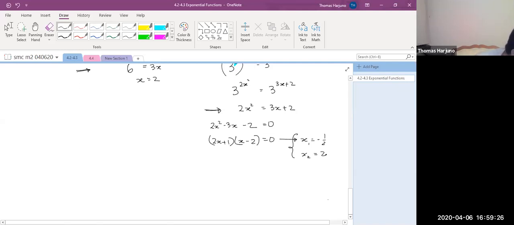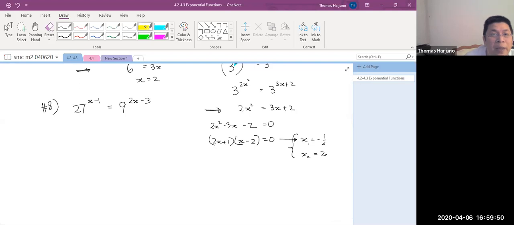Let me ask you to try number 8. Number 8, we have 27 to the x minus 1 equals 9 to the 2x minus 3. Now, what you need to do is to change the bases, even though they are not common bases.